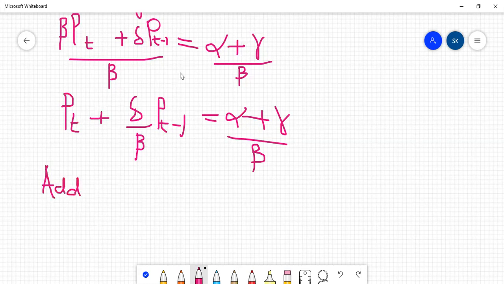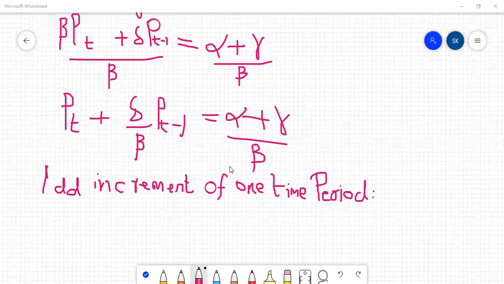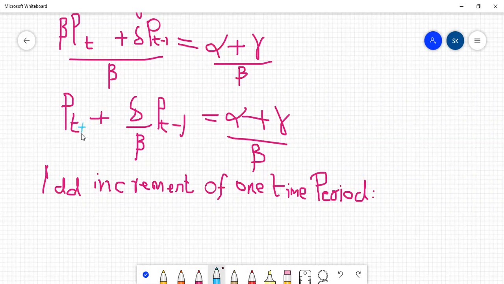We will add plus 1 over here and then plus 1 over here. Because there is no p over here, we cannot add an increment over there. This plus 1 will be cancelled with minus 1, and over here we will get pt plus 1.